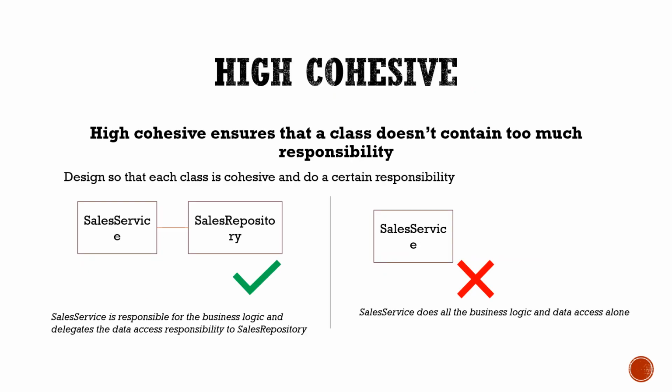Next pattern that we'll discuss is high cohesion. High cohesion ensures that a class doesn't contain too much responsibility. Let's say that the sales service contains the business logic of the sale, and the first design delegates the data access to a class called sales repository, and the second one makes sales service do everything.